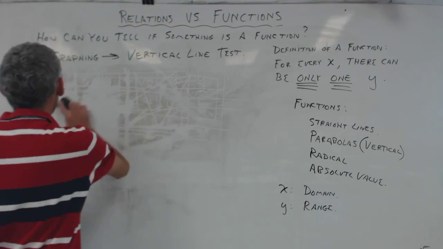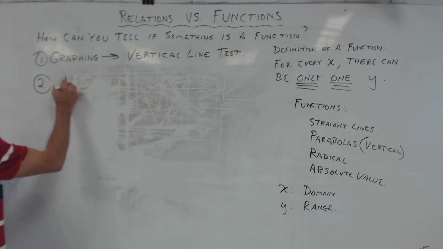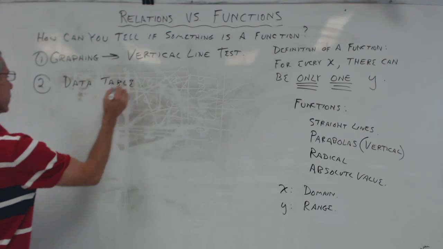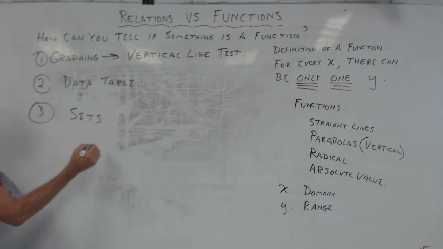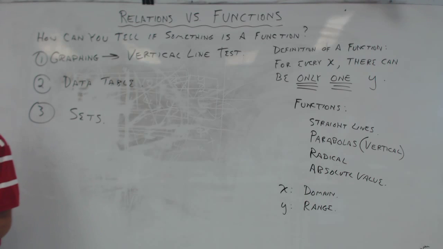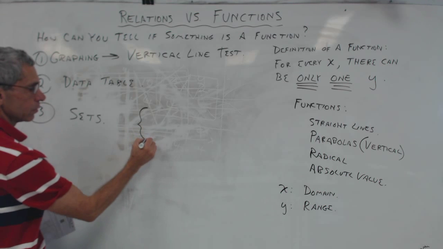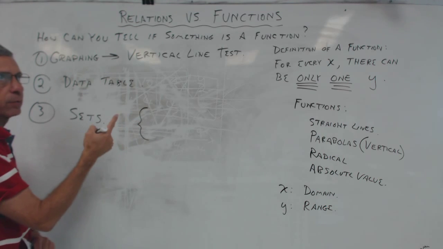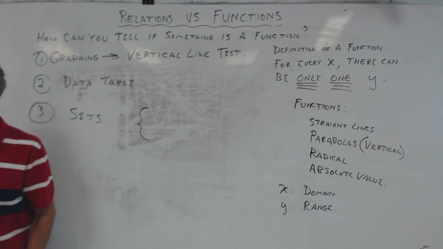Okay, what if it's written like this? Okay, so that was a data table, right? Now, what if you get it in sets? Let's try sets. Now, sometimes you'll see set notation like this.